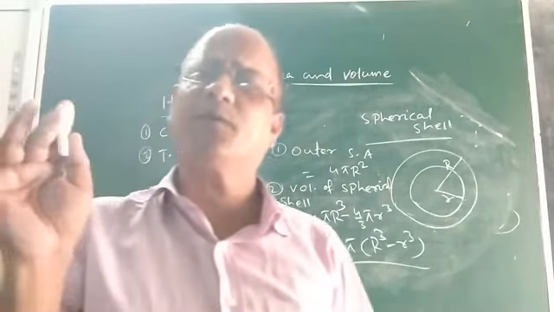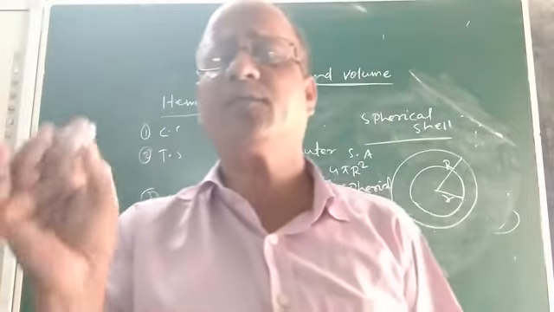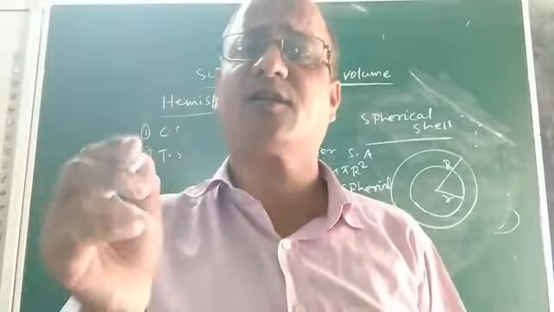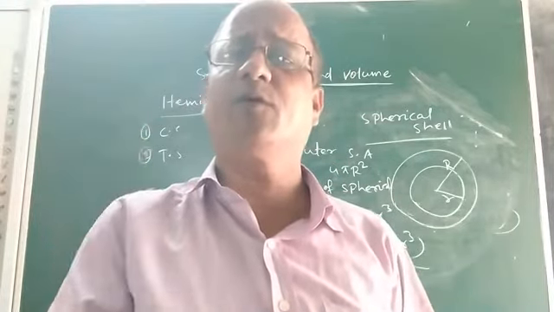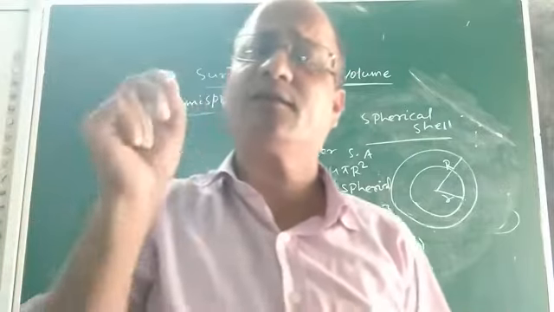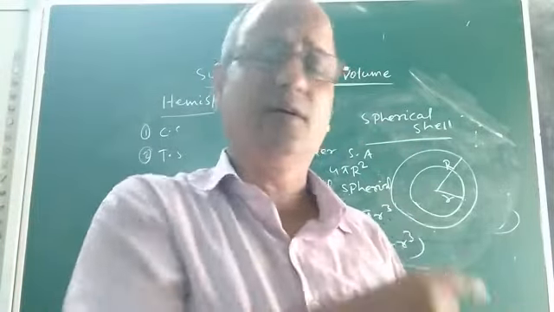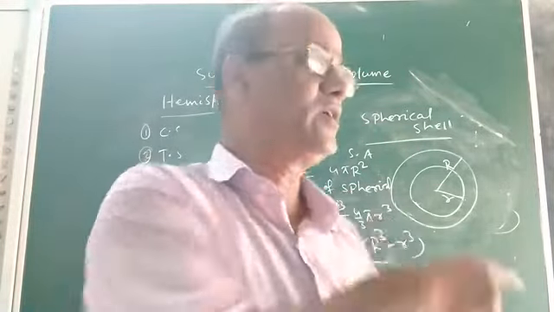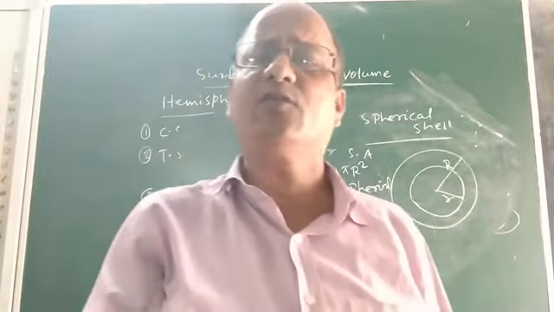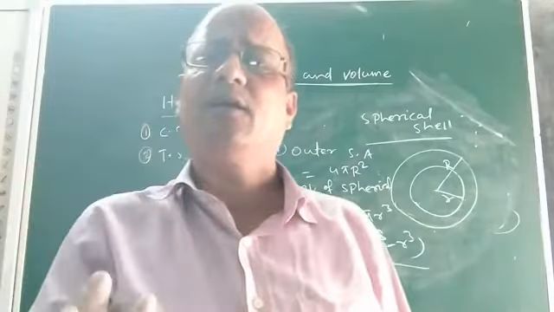So children, these are some of the formulae to find surface area and volume of different solids. I discussed in the last class how to find the surface area and volume of cuboid, cube and cylinder. In this class I discussed how to find the surface area and volume of your cone, then your sphere, then hemisphere, then spherical cell, etc. So with this we almost completed all the solids.